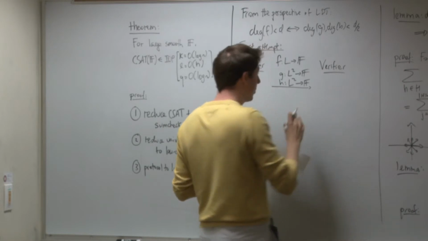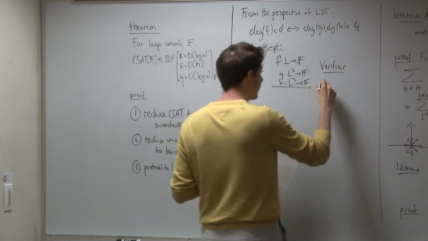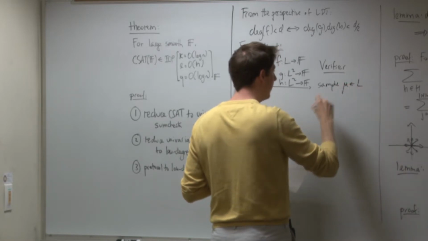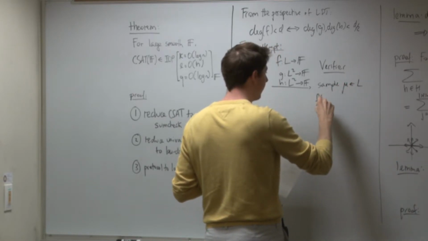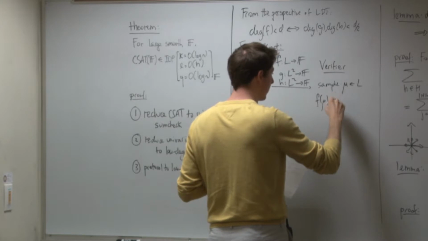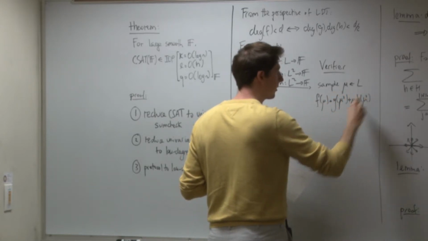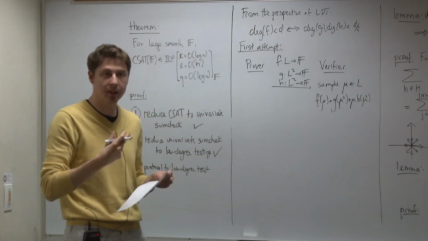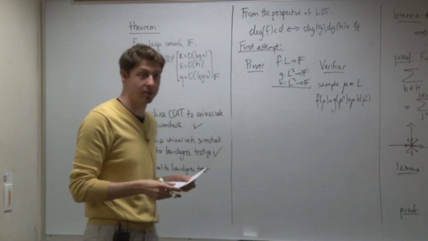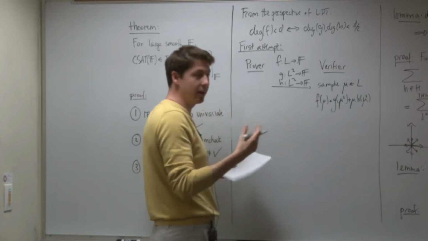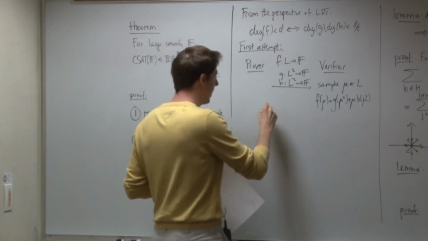First and foremost, it will make sure that they make any sense. So it will sample mu from L and check that f of mu equals g of mu squared plus mu h of mu squared, to make sure that really they are the even and odd parts of f. And if that's the case, then they're related in the right way. Let's recurse.